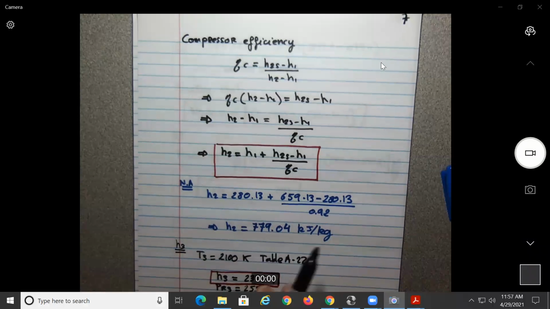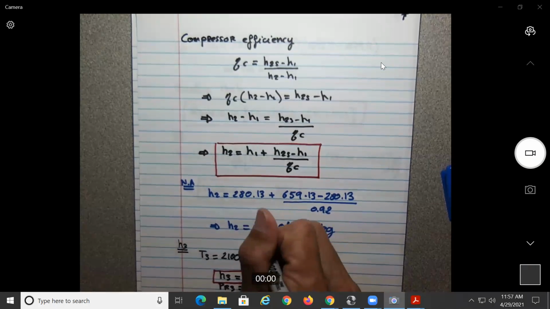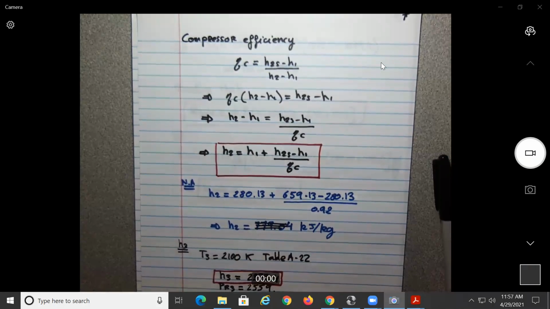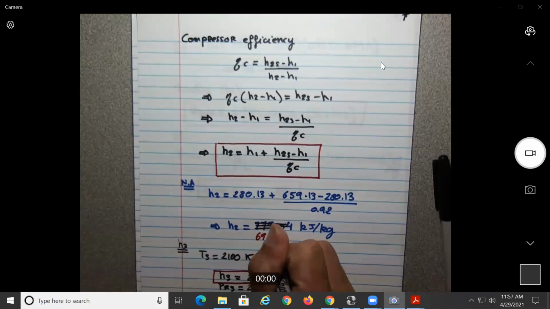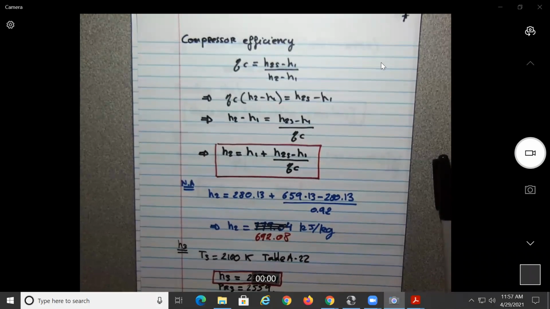All right, guys, so let's go back to the equation. Looks like here, when we did the numerical application, this calculation wasn't done properly. So supposedly this is equal to 692.08. Okay, so this would be for H2.